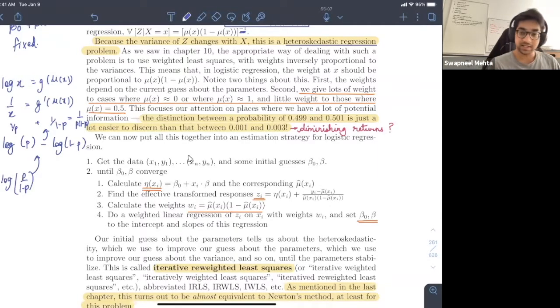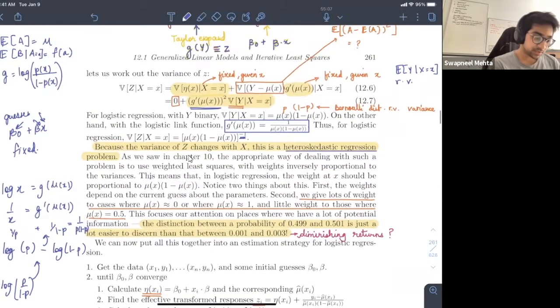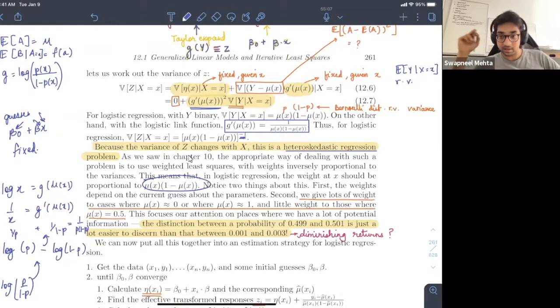So basically that means your weights are inversely proportional to the variance, right? So your weights will be inversely proportional to 1 by mu x times 1 minus mu x, which means they are proportional to mu x times 1 minus mu x. Everyone clear on this? Especially the motivation for that, because I can definitely go over it again. The iteratively reweighting scheme.